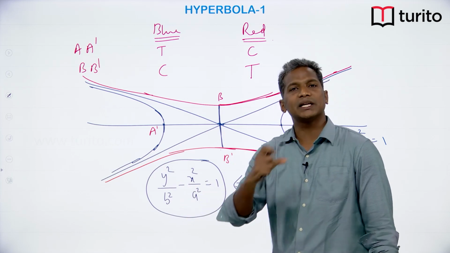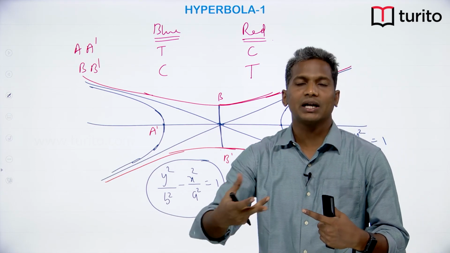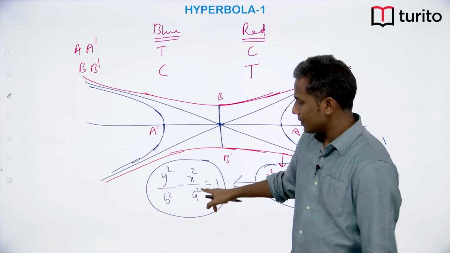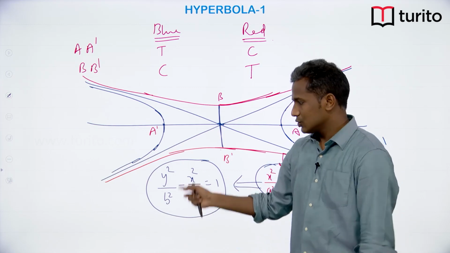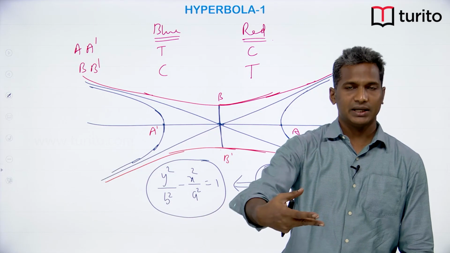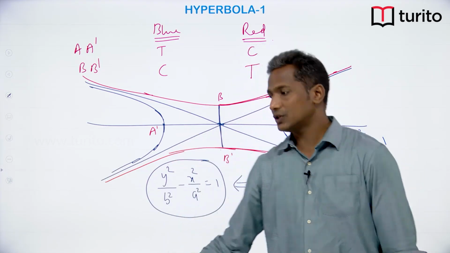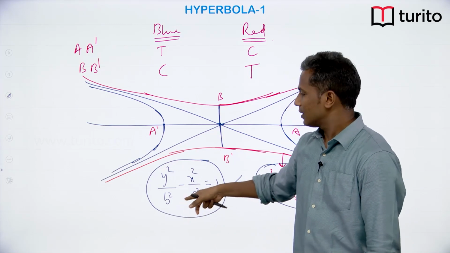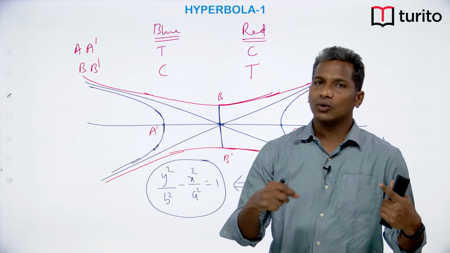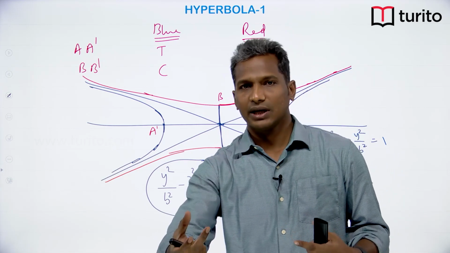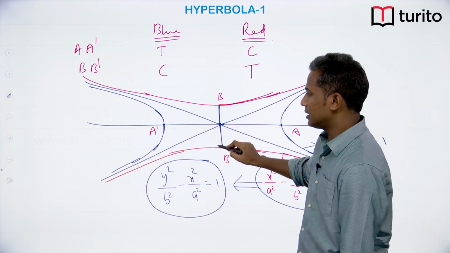Whatever has the plus sign becomes the main axis, that means the transverse axis. Whatever has the minus sign becomes the conjugate axis. So, if y square has the plus sign, the y axis is the transverse axis and the length of the transverse axis of that hyperbola is 2b. And if x square has the minus sign, the x axis is the conjugate axis, and the length of the conjugate axis is 2a.